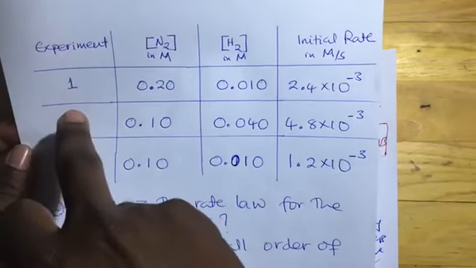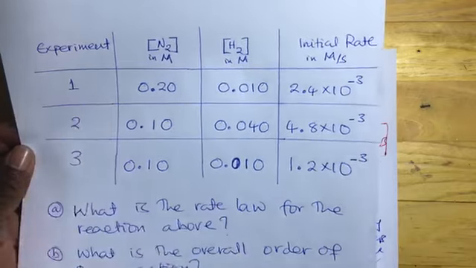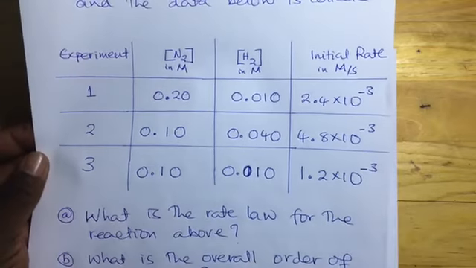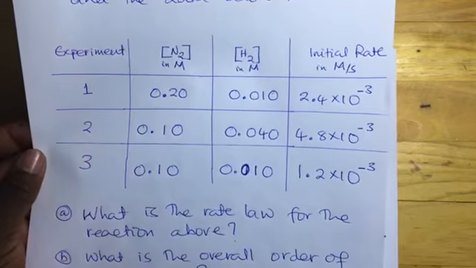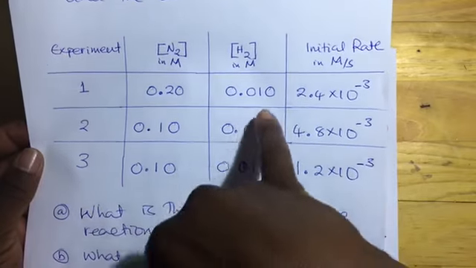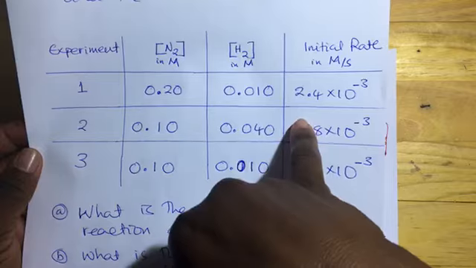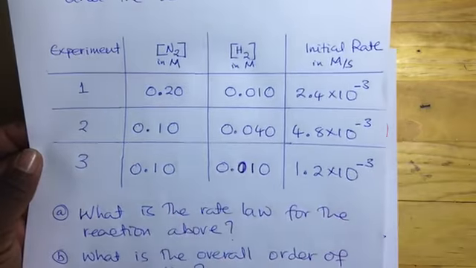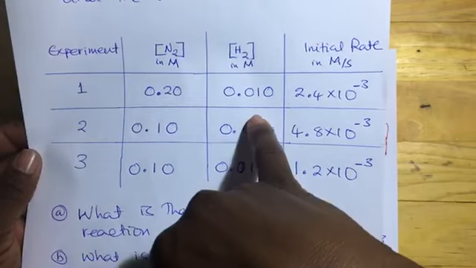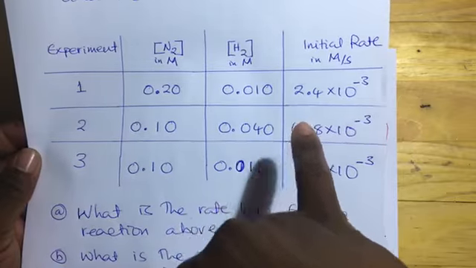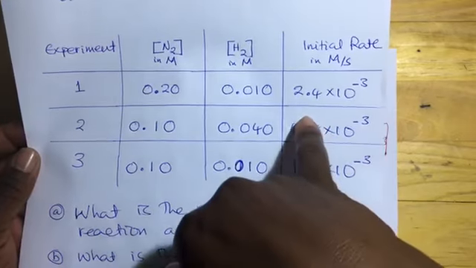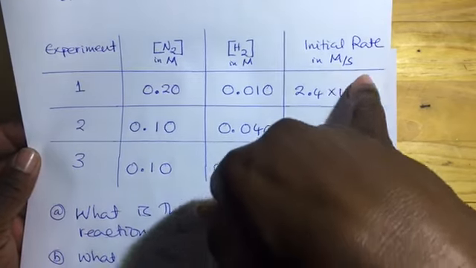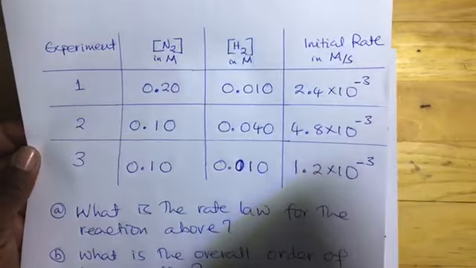Between experiments 1 and 2, which one is bigger? So experiment 2 is going to be the numerator, and experiment 1 is going to be the denominator. So you want the experiment with the larger rate to be the numerator, and the experiment with the smaller rate to be the denominator.